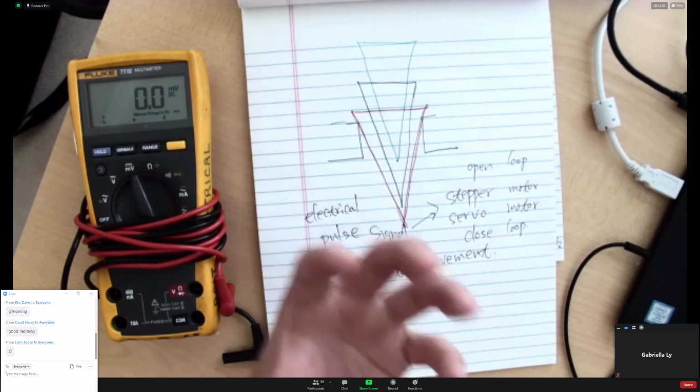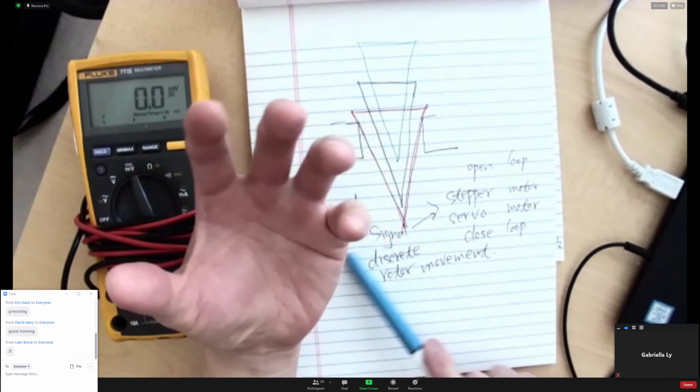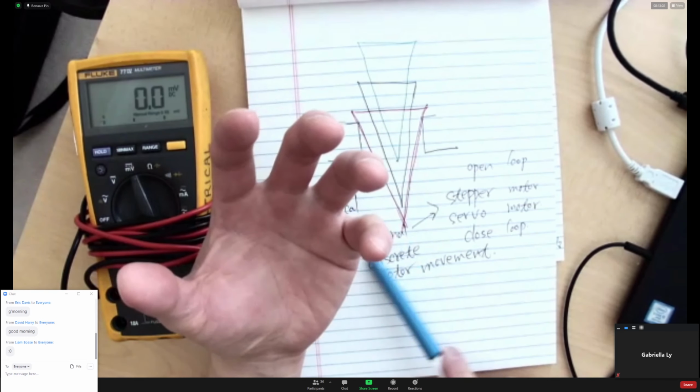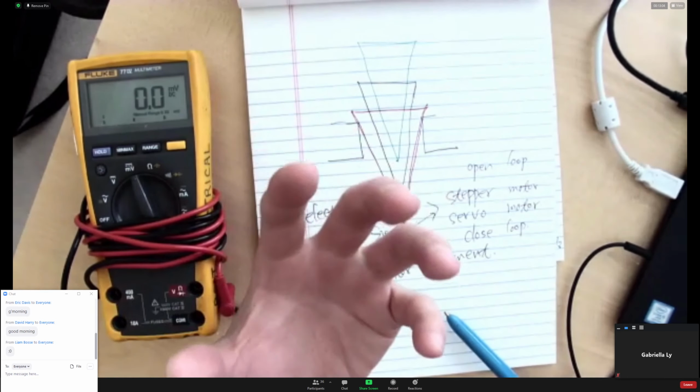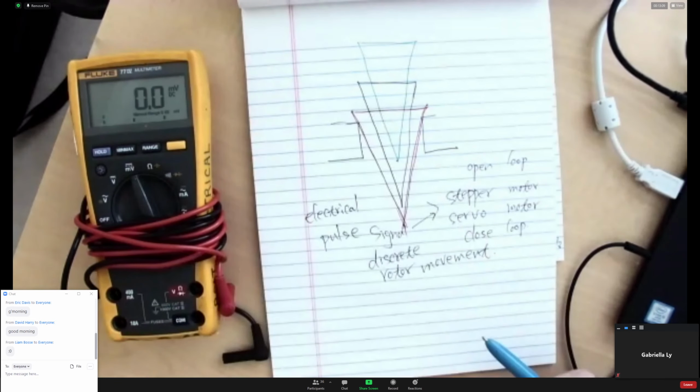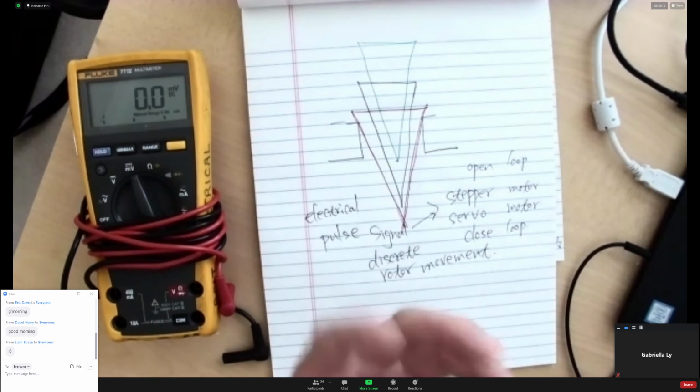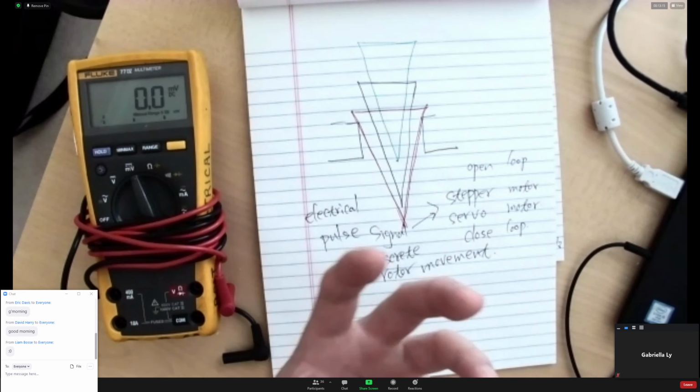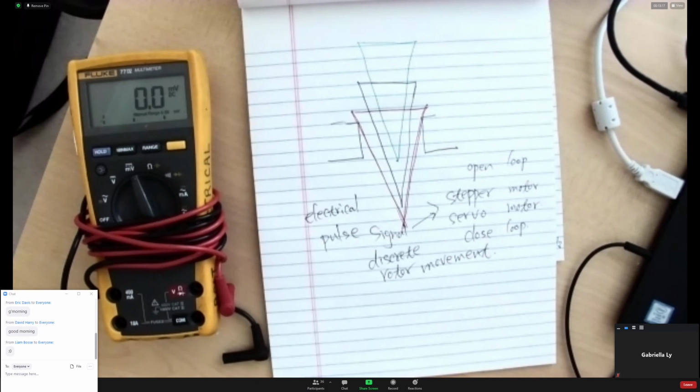So depending on how many pulse signals you send in, they will rotate a certain degree or certain step, making the rotor turn either clockwise or counterclockwise.